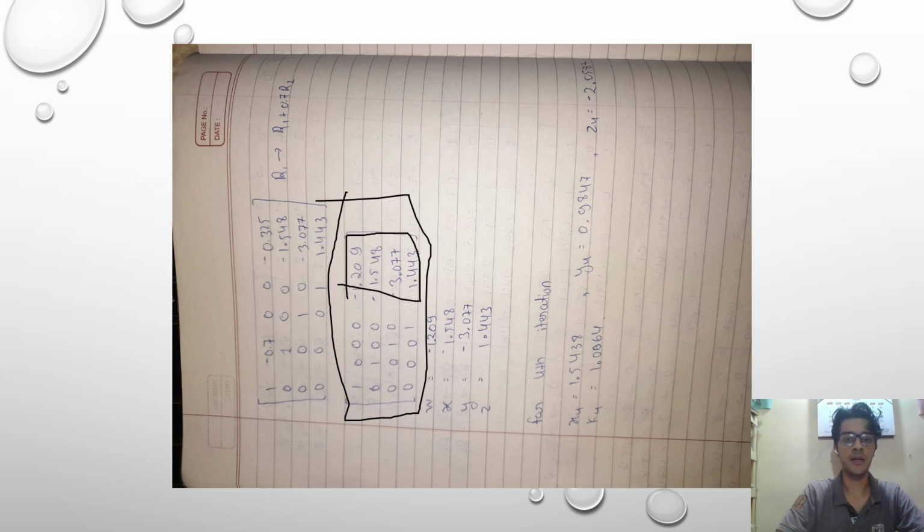After performing the following row transformations, we get the value of W equals minus 1.209, X equals minus 1.548, Y equals minus 3.077, and Z equals 1.433.